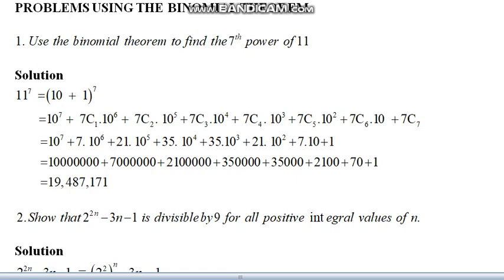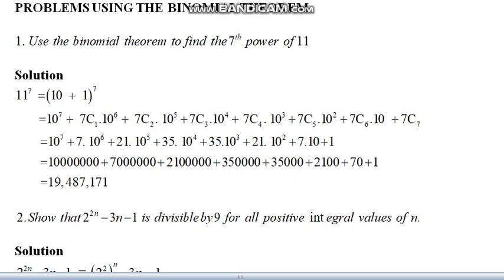So (10 plus 1) the power 7 is expanded like this: 10 power 7, plus 7C1 10 power 6, plus 7C2 10 power 5, plus etc. up to 7C7. It is only possible up to 7C7, since the next term will vanish. Here the 10 power 0 becomes 1.